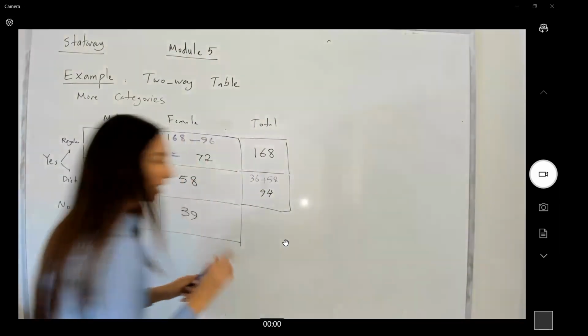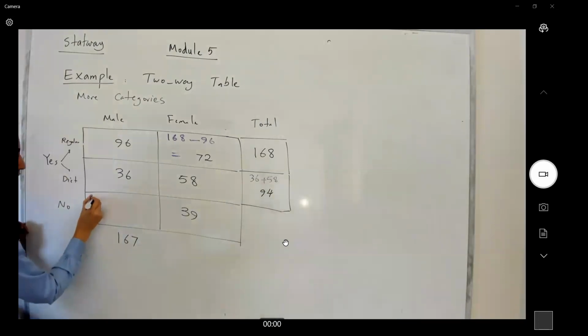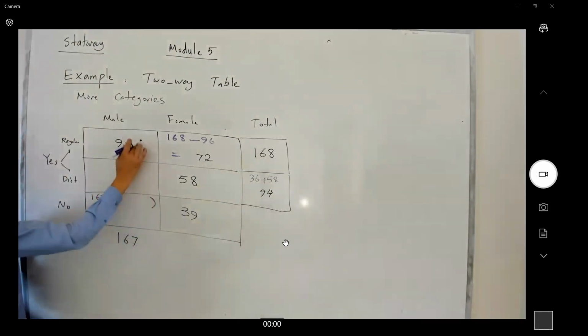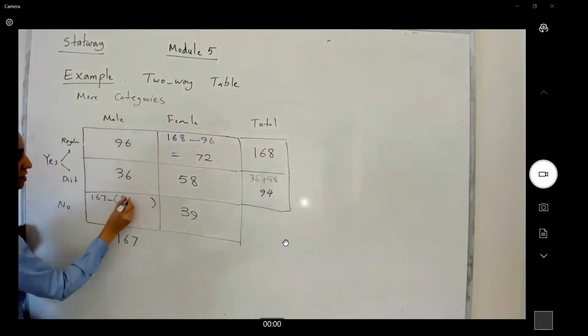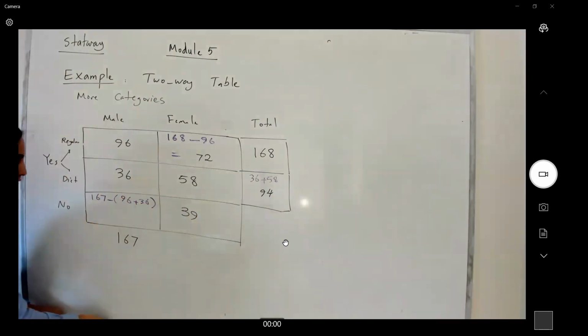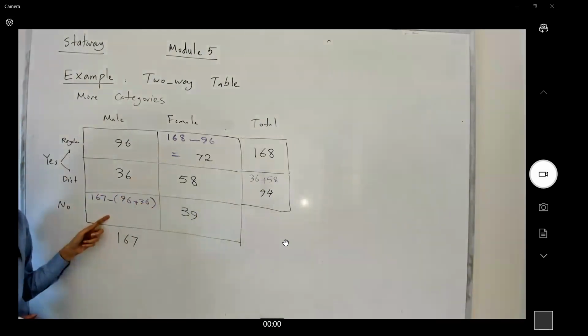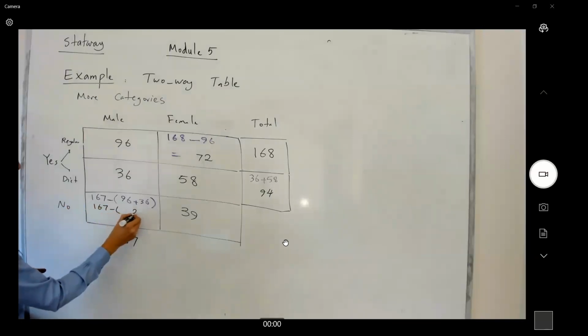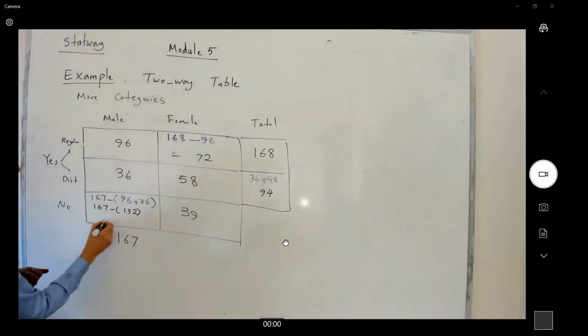So if you do a little bit of algebra, 167 minus the sum of these two blocks, 96 plus 36, you get the number of males who don't drink soda on a daily basis. So 167 minus 132, which gives you 35. 35 of them. Thank you very much.